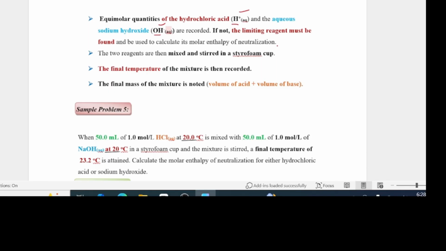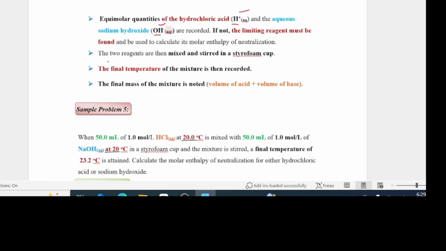Let us suppose that you added more acid than base. It doesn't matter how much excess acid is added, it will not be neutralized unless we increase the amount of base. So if the acid is in excess, the OH ions will be the limiting reagent, and then we have to use the limiting reagent to calculate the molar enthalpy of neutralization.